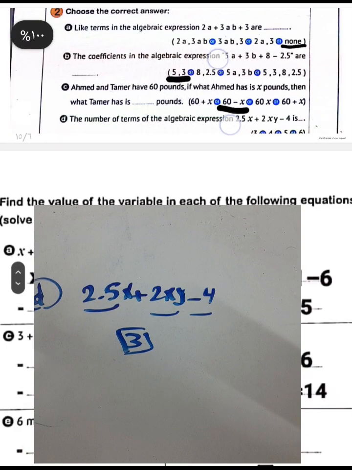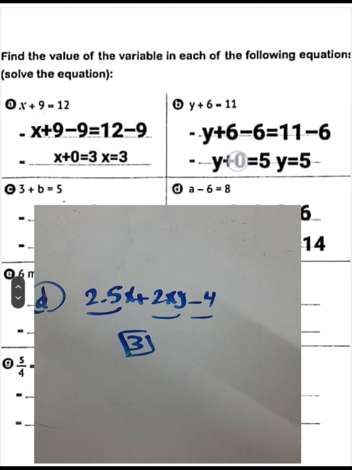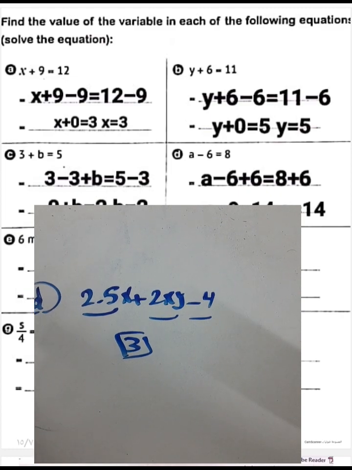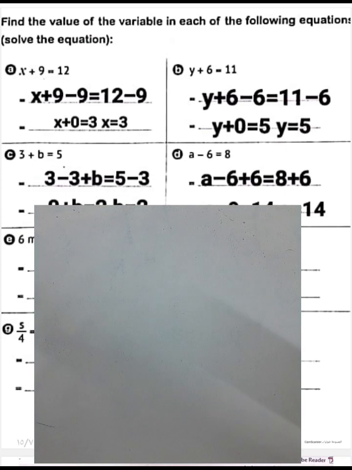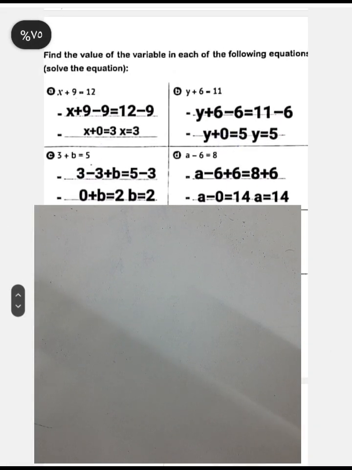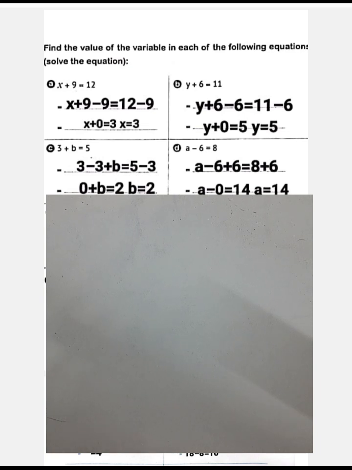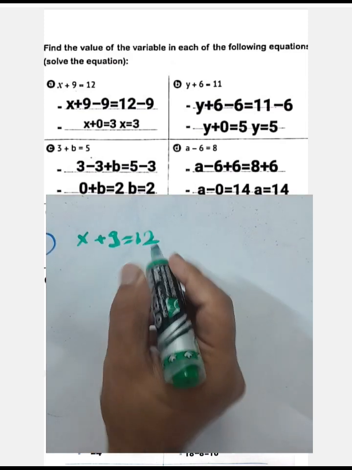Okay, look at the next question. Find the value of the variable in each of the following equations. Solve the equation. Look with me at the steps of this example. First equation: x plus 9 equals 12.